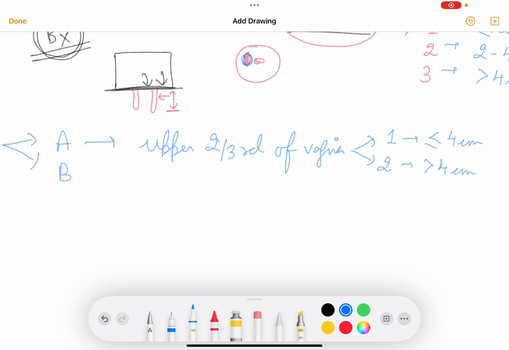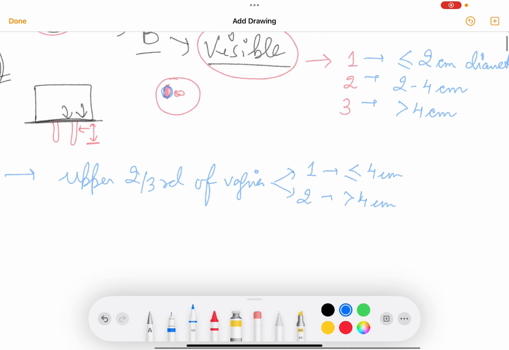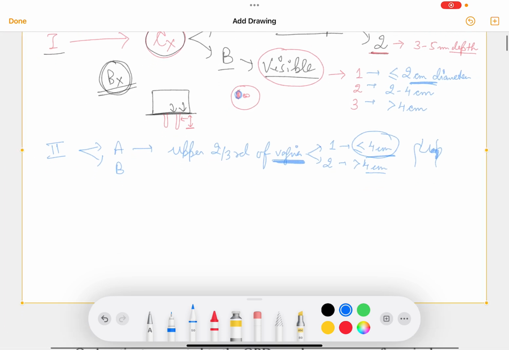Of course we will not take 2 centimeter because when vagina is involved along with the cervix, the lesion will obviously be more than 2 centimeters in diameter. So we divide into less than 4 and more than 4.